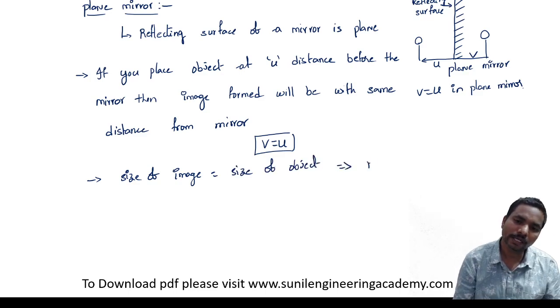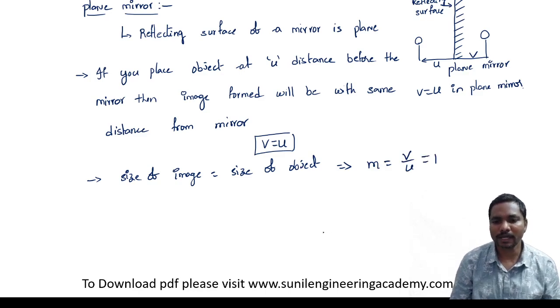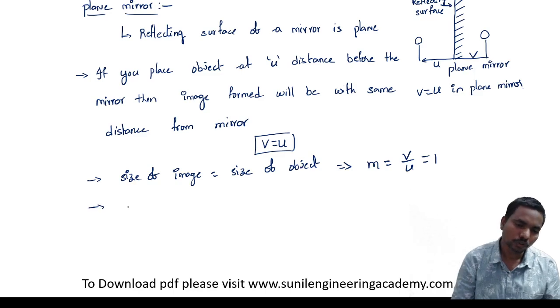That means linear magnification m is equal to v by u. Both are the same, so linear magnification is equal to 1. So linear magnification m is equal to 1 for a plane mirror.